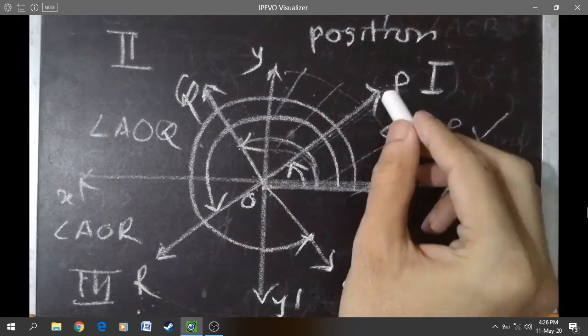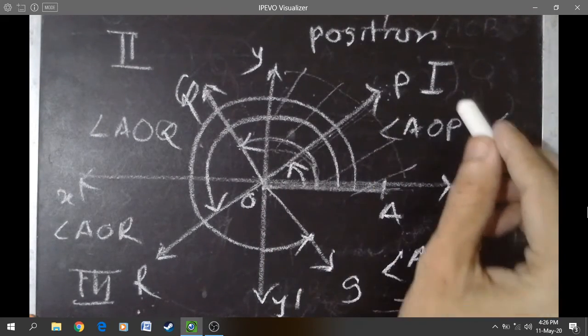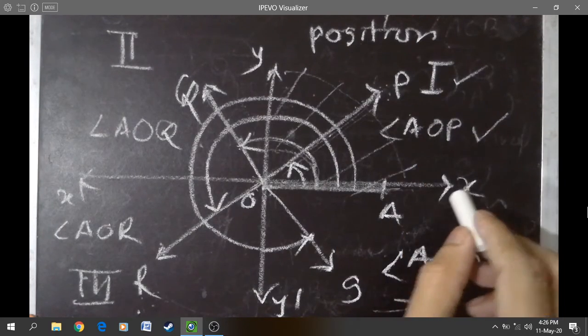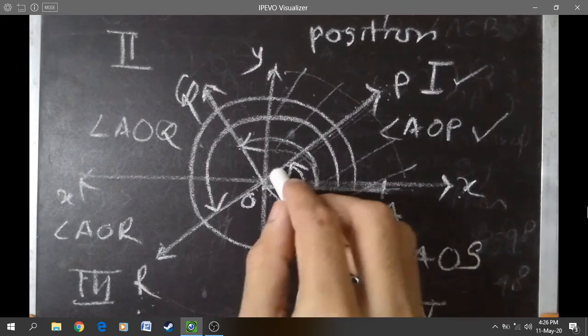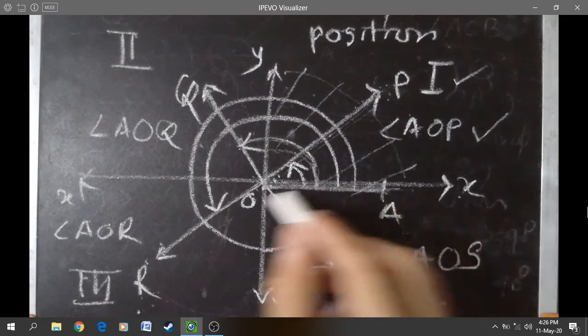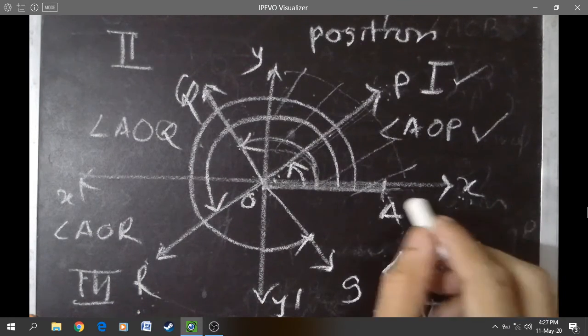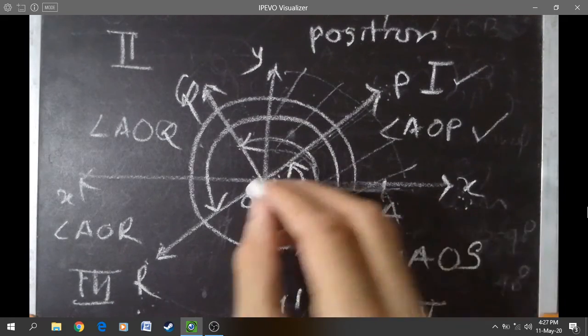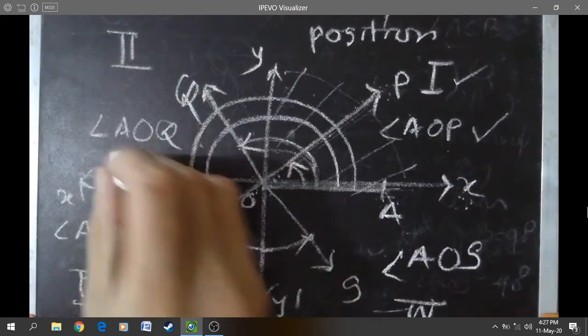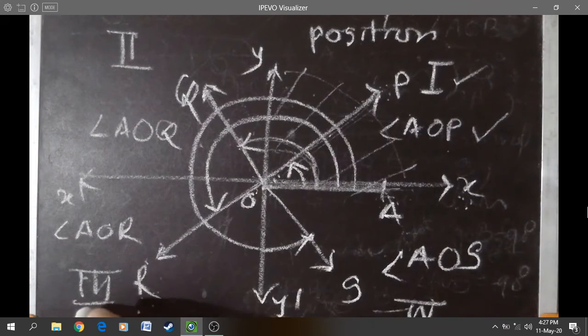Angle XOP is in the first quadrant, angle XOQ is in the second quadrant, angle XOR or AOR, you can use X or A, both are right. So angle AOP is in the first, AOQ in the second, AOR in the third, and AOS in the fourth quadrant.